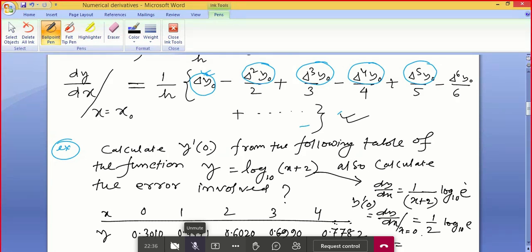Do you have a calculator? One log 10e divided by 2.